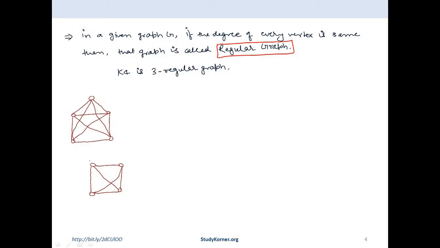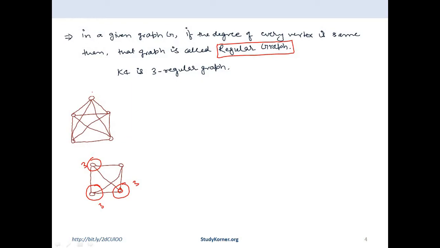K4 is a 3 regular graph because every vertex has degree 3. How is the degree 3? Because at each vertex 3 edges are incident. Every vertex has 3 edges incident on it. So the K4 graph is a 3 regular graph.